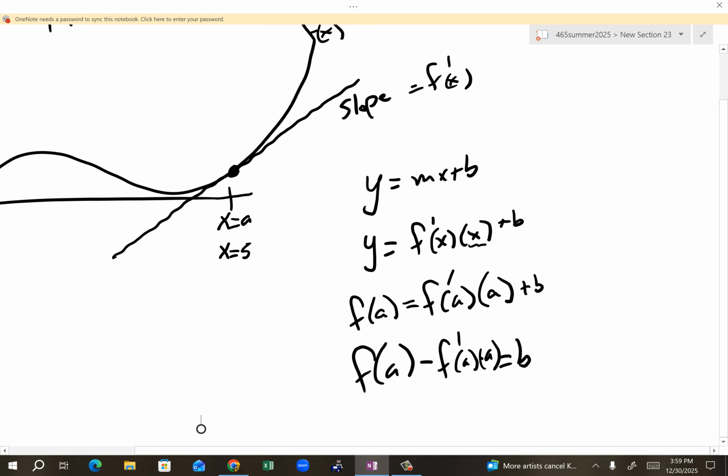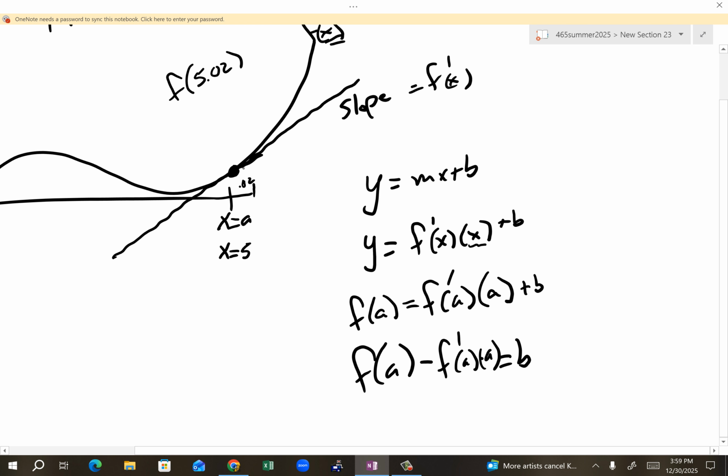It's easy. Now, Groom, what would happen if I wanted to know what is f of 5.02? And you're like, well, I feel like I could put 5.02 into this equation. I feel like you could too. But 0.02 is awfully close to 5. That's a pretty small change, right?